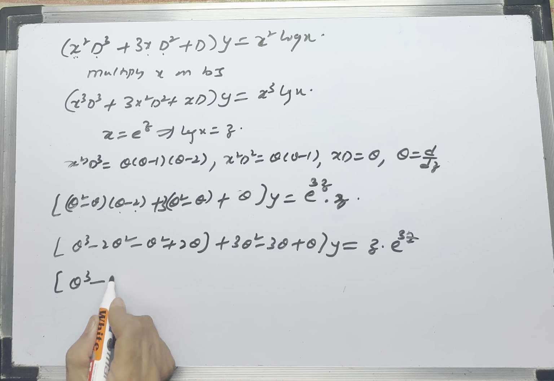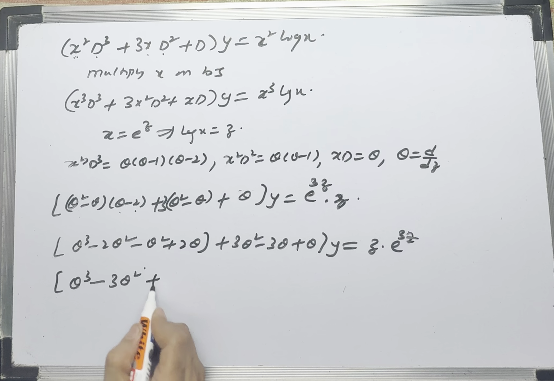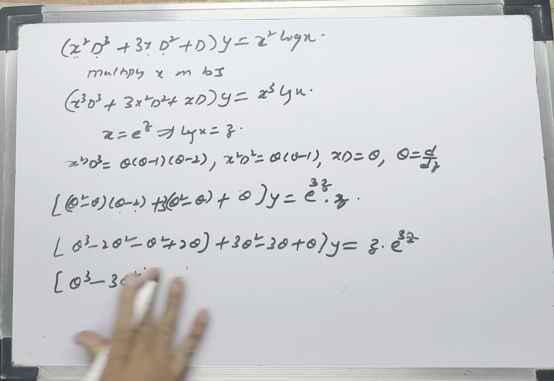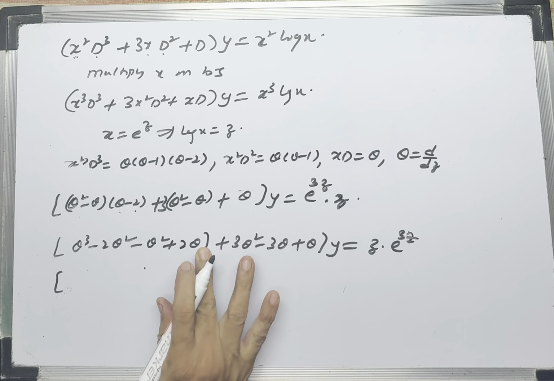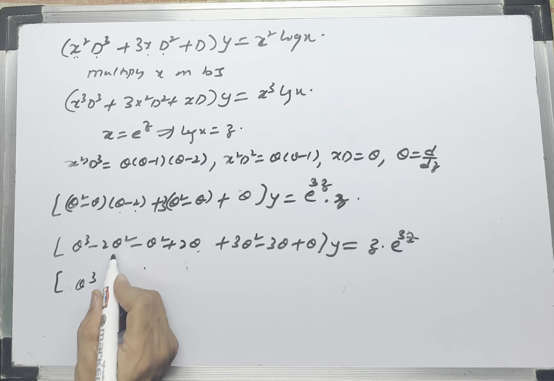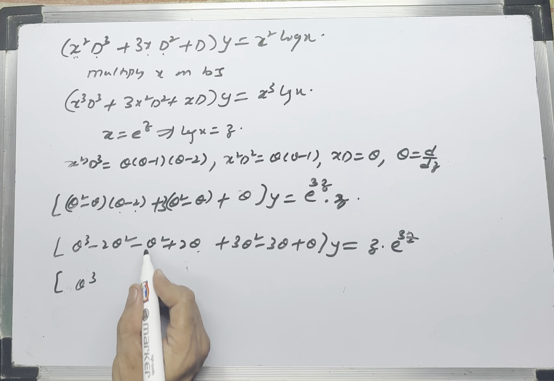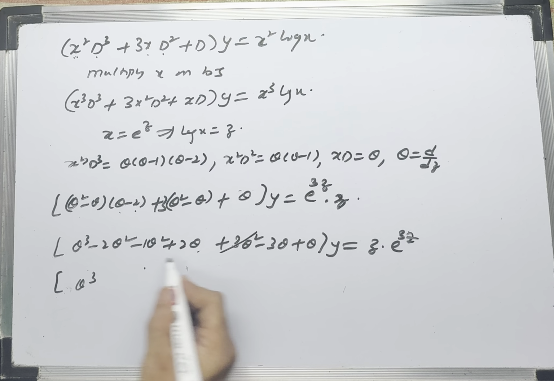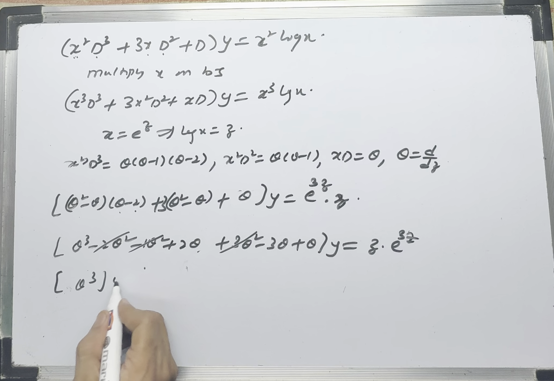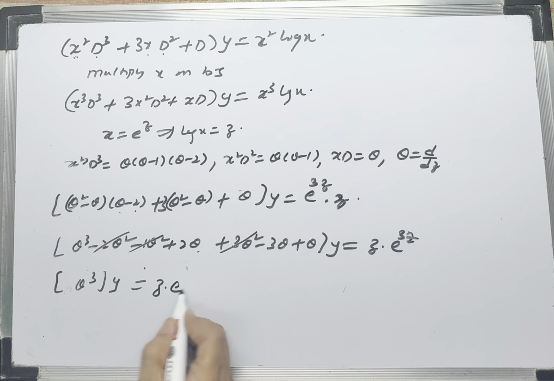Theta cube minus 3 theta square plus 2 theta plus 3 theta square, one single theta cube minus 2 theta square minus 1 theta square plus 3 theta square cancelled, plus 2 theta plus 1 theta, 3 theta minus 3 theta, that is also cancelled. Y equal to z into e power 3z.